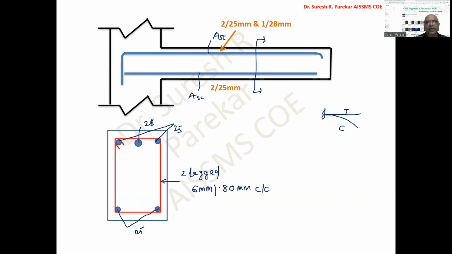If we go higher side, if we take 8 mm, then the spacing will be increased. Now I have not gone to curtailment, because whenever we go for curtailment, we have to think of both top reinforcement and bottom reinforcement, and that becomes lengthy again. So I skip that one.